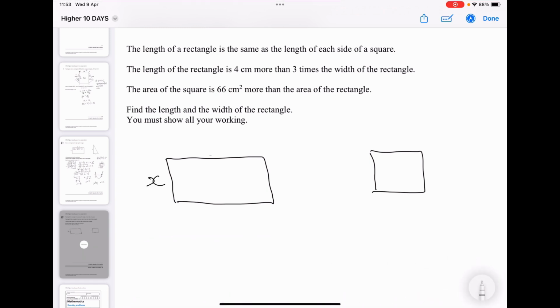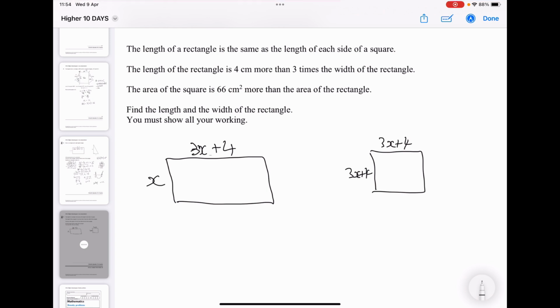Okay, so the width, so 4 centimetres more than 3 times the width. So if the width is x, that's 3x plus 4, okay? And the area of the square is, so this would be 3x plus 4, and this would be 3x plus 4 as well. The area of the square is 66 centimetres more than the area of the rectangle.